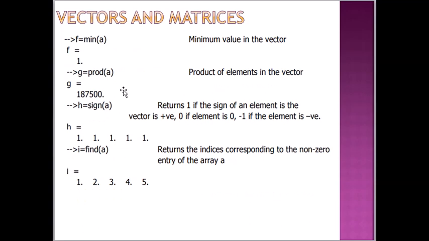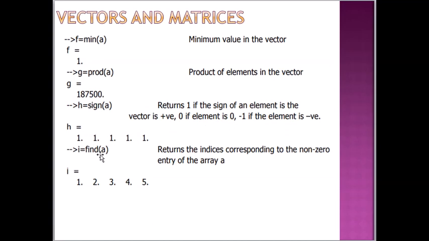The minimum value of the matrix is 1, and then the product of all elements. Then sign returns 1 if the element of the vector is positive, 0 if the element is 0, and minus 1 if the element is negative, then we get 1 1 1, right?